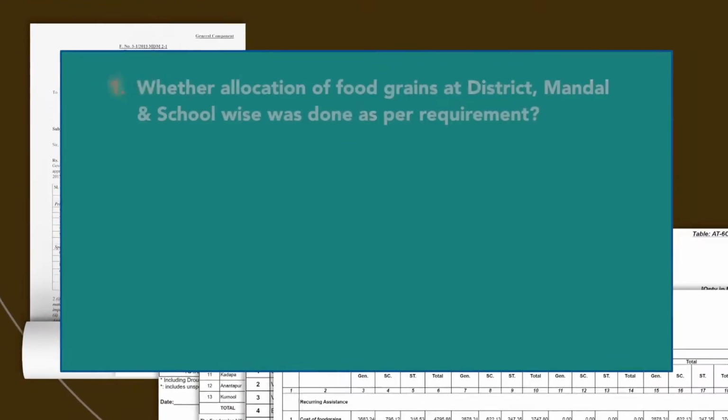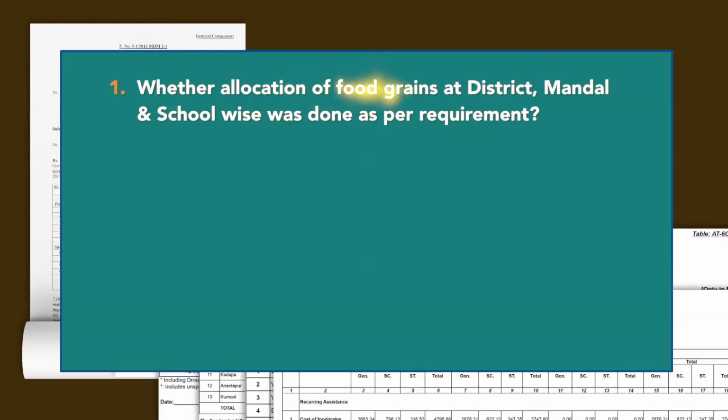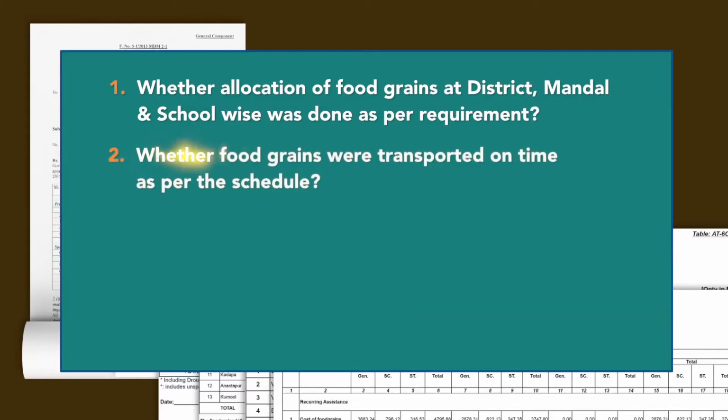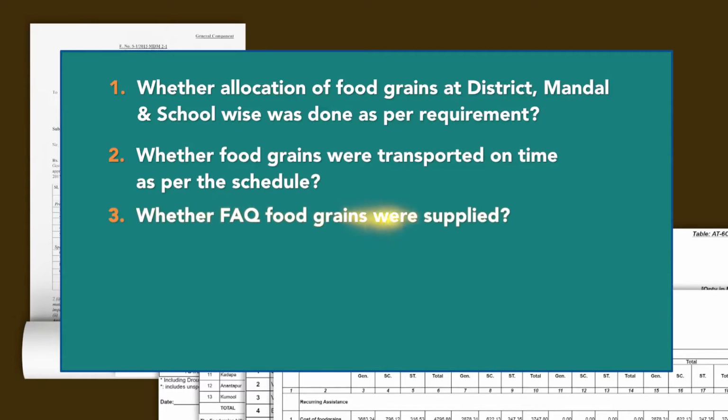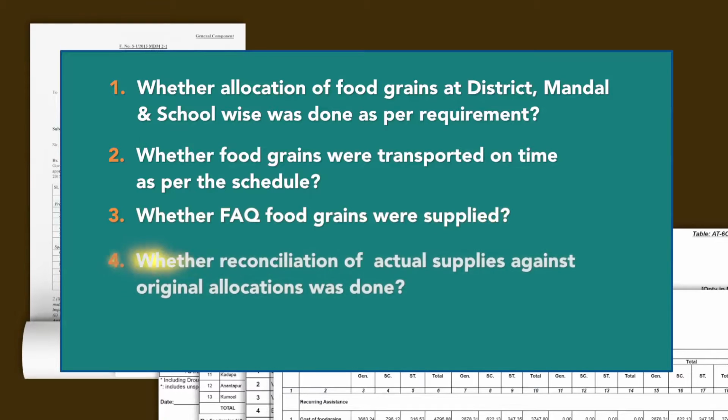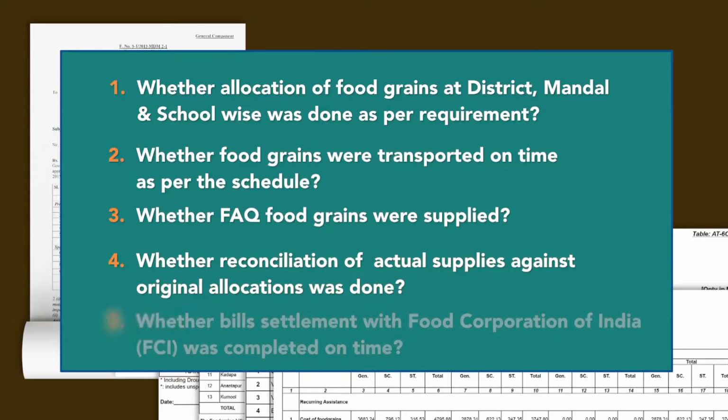That is, whether allocation of food grains at district, mandal and school-wise was done as per requirement, whether food grains were transported on time as per the schedule, whether FAQ food grains were supplied, whether reconciliation of actual supplies against original allocations was done, whether bills settlement with Food Corporation of India (FCI) was completed on time.